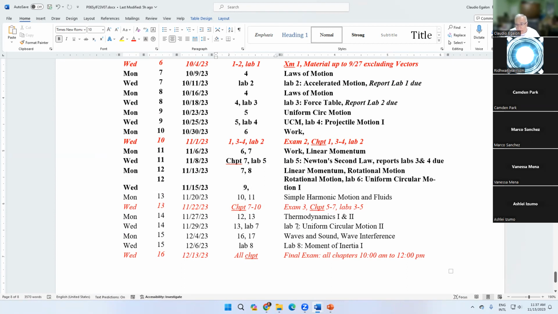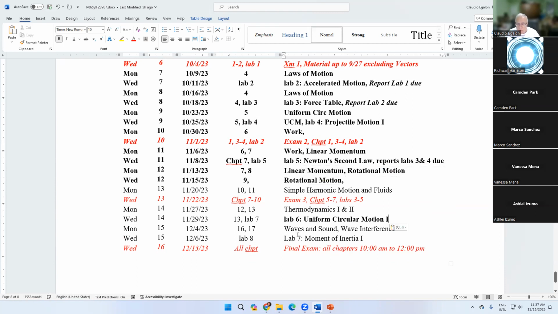We're gonna end up doing only 7 labs, unfortunately. I'm gonna make this one lab 7. So we do 2 different labs on different topics, one on uniform circular motion and the other one on moment of inertia. Let's do it this way. Rotational motion, we're doing number 7.